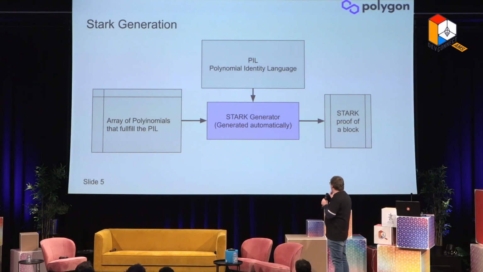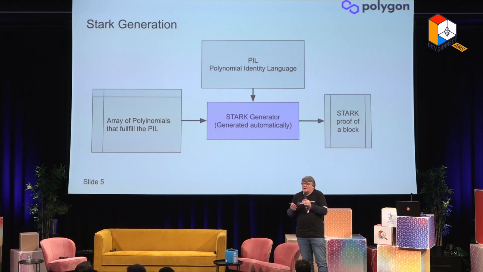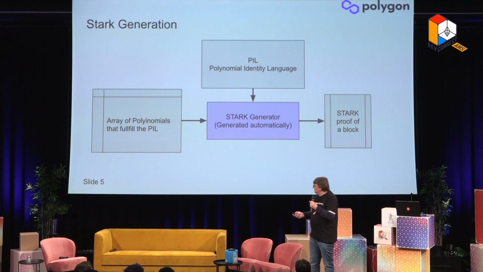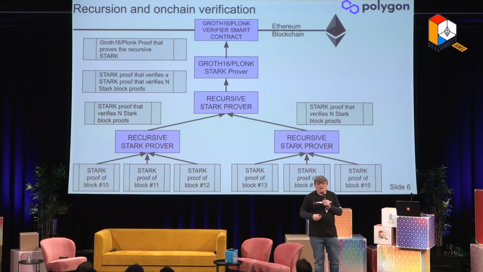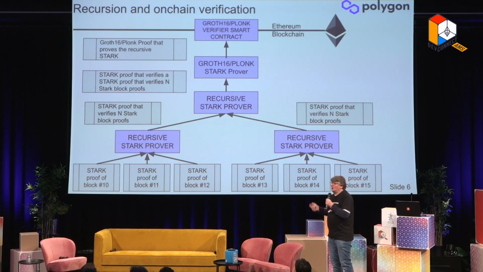Okay, so we have this Stark, but this Stark is still big, and the quantity of transactions that we can prove here, depending on how big those polynomials are, is not that much. So we need to do something else. Actually, what we are doing is aggregating many of these proofs. Here at the bottom we have many of these proofs. We can generate a kind of tree of proofs.